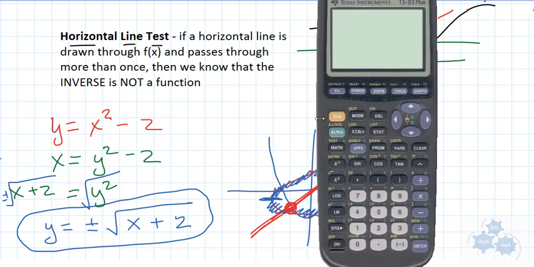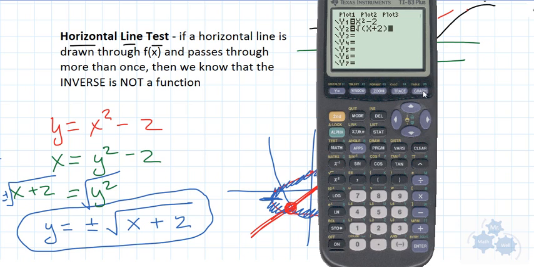Okay, so if we graph that, let's take a look at what it looks like. I'm going to clear those out. So let's graph y equals x squared minus 2 first. Then we're going to graph this positive version of the square root of x plus 2.